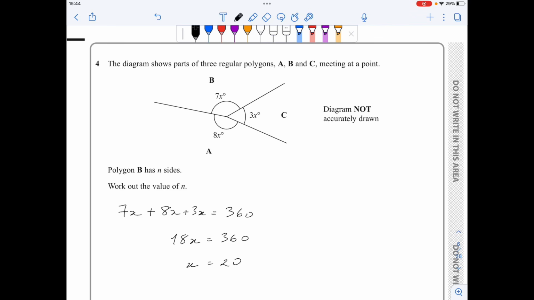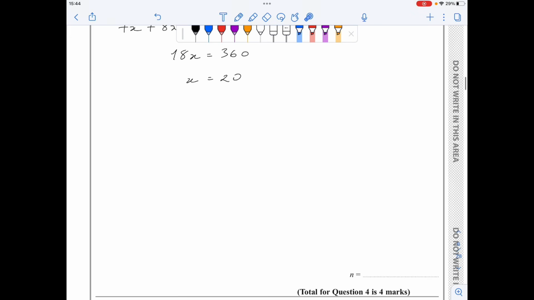Now I'm given that polygon B has n sides. The interior angle of polygon B is 140 degrees. So I can use the following formula. So 140 is equal to (n minus 2) times 180 over n.